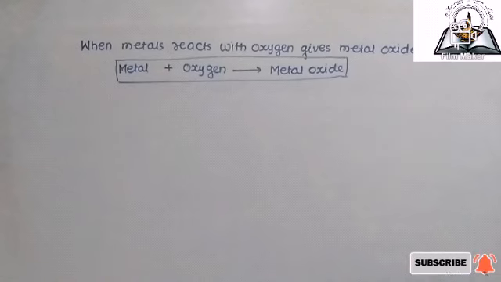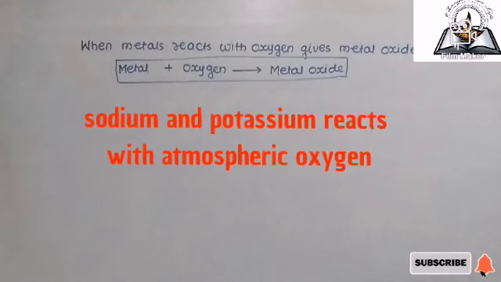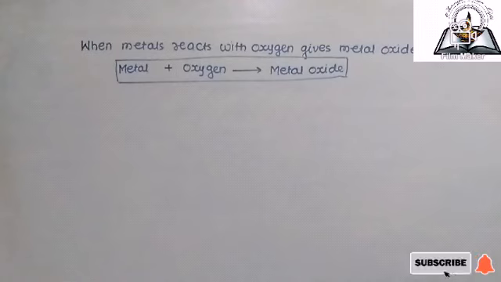अगर हम इसके बारे में देखते हैं यानी कि reactivity order, so in the reactivity order it is seen that sodium and potassium are highly reactive. They react with atmospheric oxygen and give rise to sodium oxide and potassium oxide respectively.